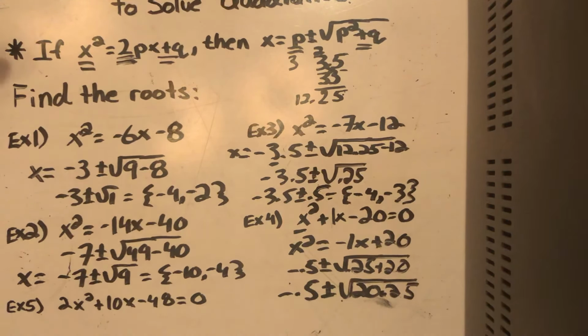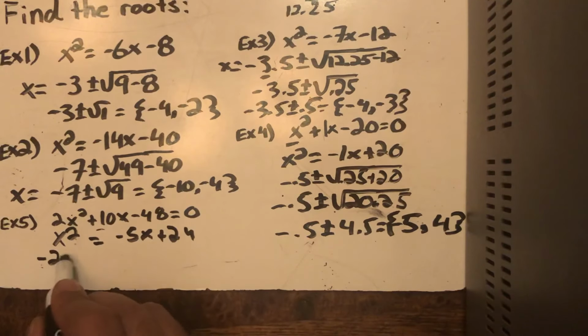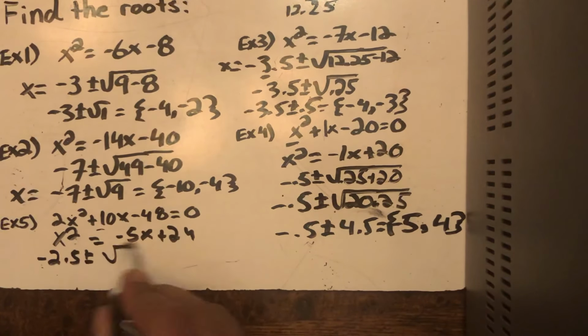So notice how the x squared term is not isolated, and I have a coefficient here. So first, let me divide everything by 2, so I get x squared plus 5x minus 24 is 0. Okay, so I'm running out of room, so what I'm going to do is I have x squared equals -5x plus 24. So I have negative 2.5 plus or minus the square root of 2.5 squared, which is 6.25, plus 24.